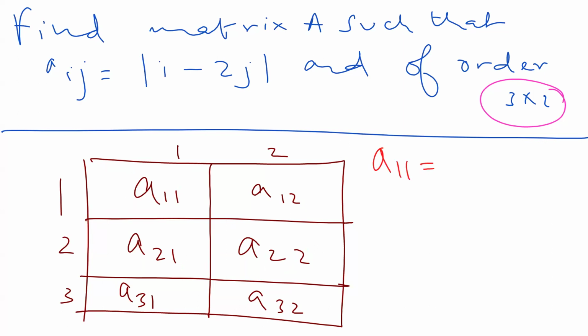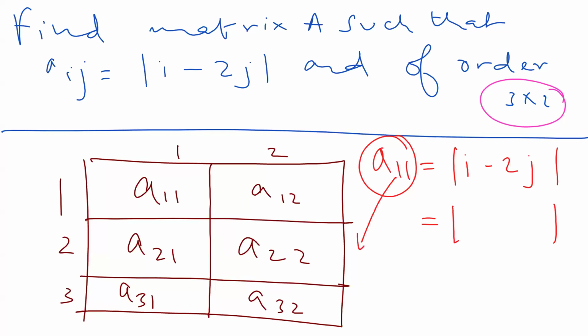A11 equal to modulus of I minus 2j. When I say A11, who is I and who is j? I is 1 and j is 1.